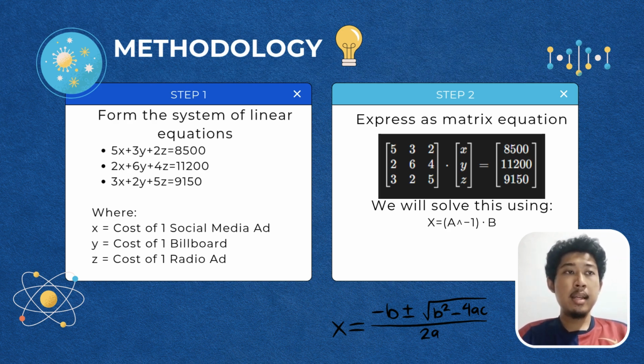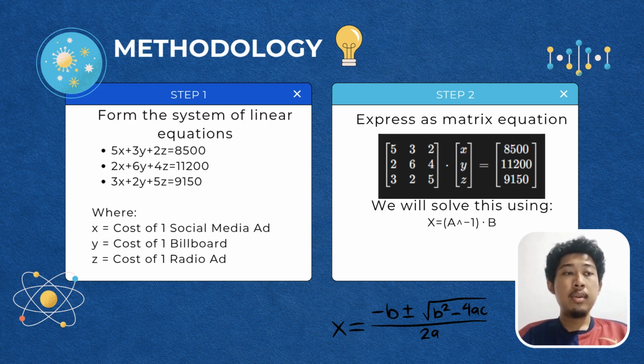And then the next step is that we need to express the linear equations that we have formed before into a matrix equation. So we can simply take the numbers out and put them in a bracket like this, like the slide has shown: 5, 3, 2, 2, 6, 4, and 3, 2, 5, multiplied by x, y, and z, which will equal 8,500, 11,200, and 9,150.